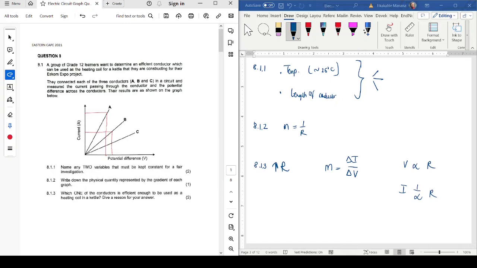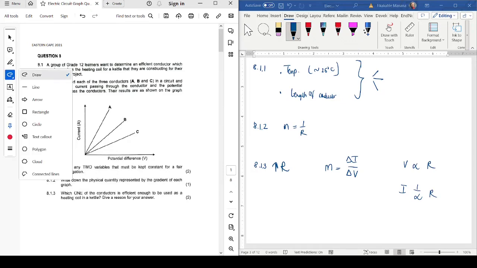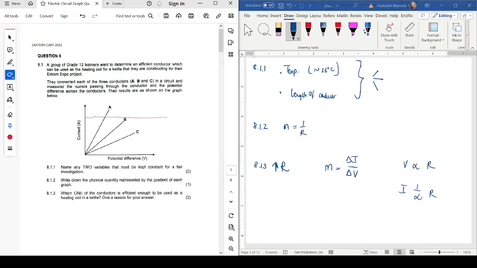And actually, let me rather compare the same thing. Let me choose the same current for all of them, and let's see how that would work out. So if I were to choose this current over there and then extend the other lines.